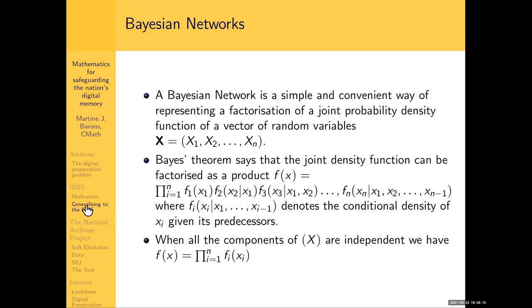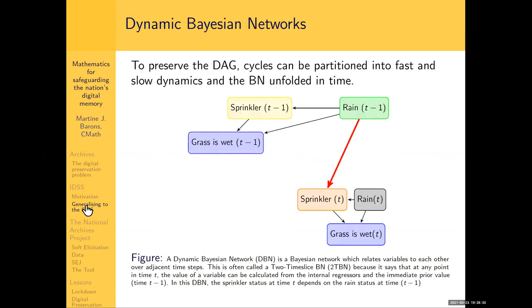It's a simple way of factorizing a joint probability. And we can obviously use Bayes' theorem to get the conditionals into a total probability. And if the conditionals make no difference, we know we have a set of independent components. Where there wouldn't actually be a cycle or a feedback loop in a system, what we can do with Bayesian networks is analogous to separation of timescales in dynamical systems, in which we can stretch them out.